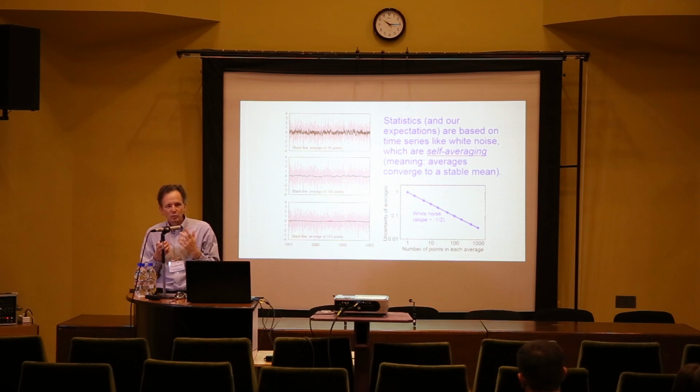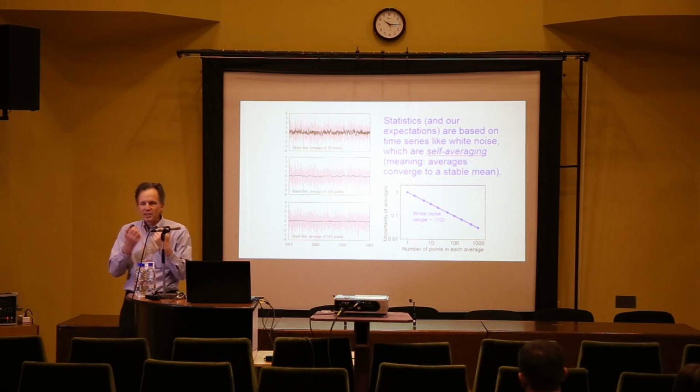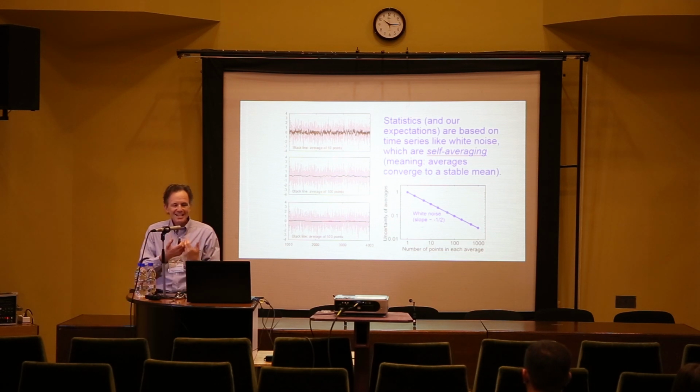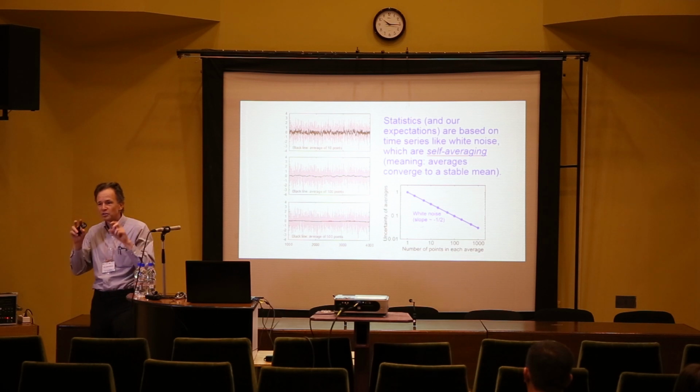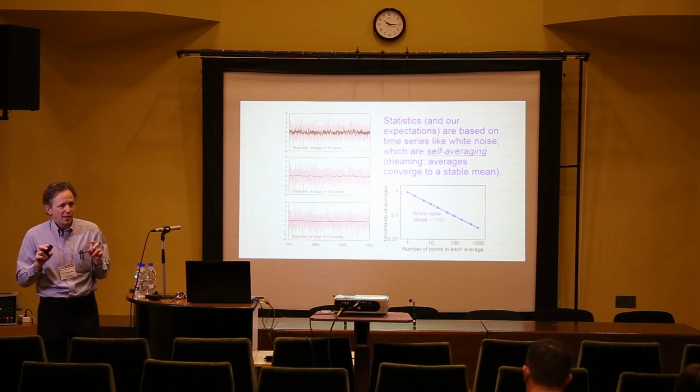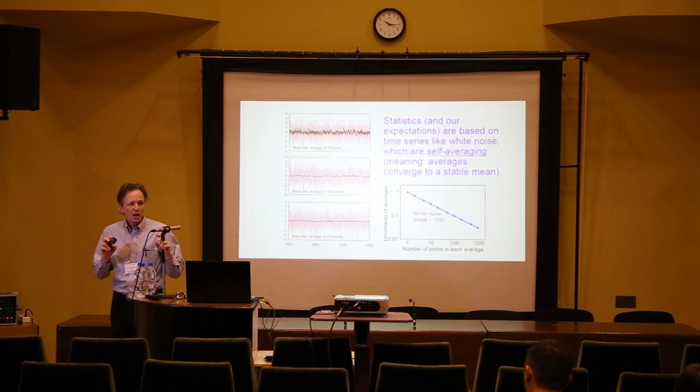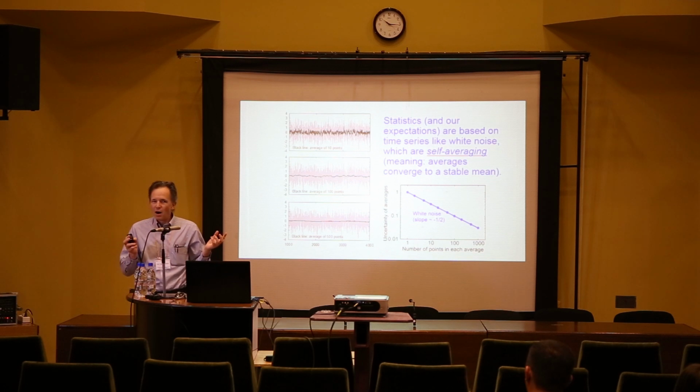The statistics that we all learned in school are based on the idea that any noise in our system is white noise, which means that pluses and minuses tend to average out, so that as we collect more data, averages become more and more certain. And time series that behave this way are called self-averaging. And when I went to school, I was never taught about anything else.